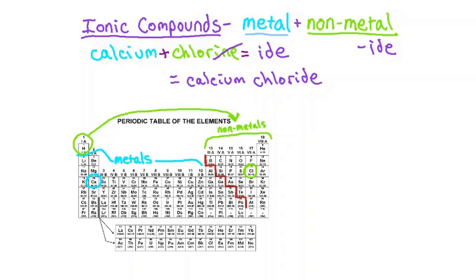And you can do this with anything, when you put a metal with a non-metal for an ionic compound. Let's say copper bromide. Copper is a metal down here in the transition metals, and then bromine is right there. So you're going to have copper and bromine.